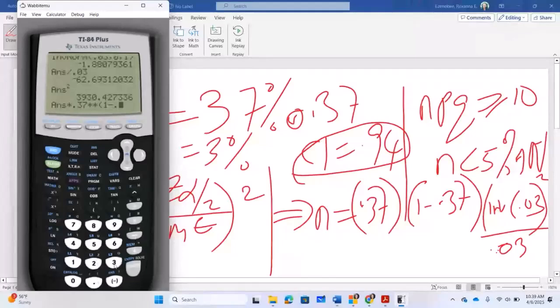And I will now get my final answer. Therefore, the estimated sample size is 917. You have to round up.